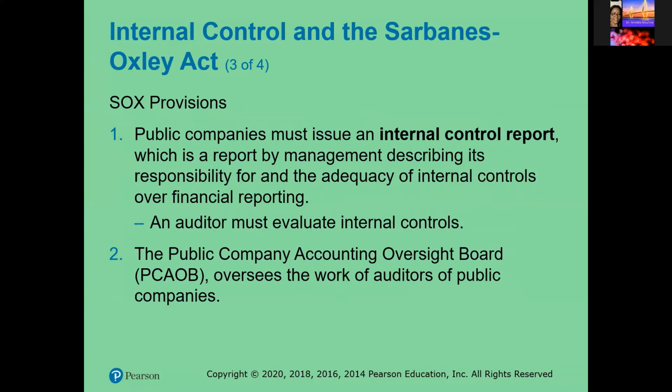SOX provisions. One, a public company must issue an internal control report, which is a report by management describing its responsibility for and the adequacy of internal controls over financial reporting. An auditor must evaluate internal controls.